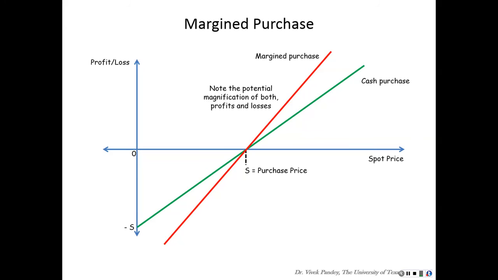If you borrowed $50 and purchased $100 worth of stock, and it falls to 90, you have to return the $50 in borrowed money, and you only have $40 left. So a $10 loss on the $50 that you had put up is a 20% loss, right? So that's why we can see that both gains and losses are being magnified with a margin purchase.